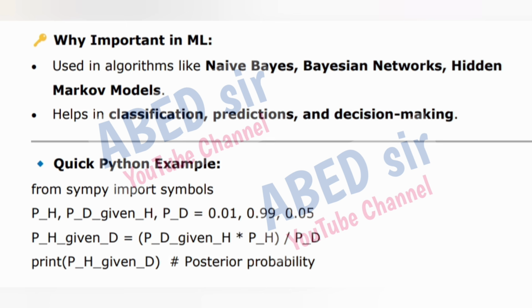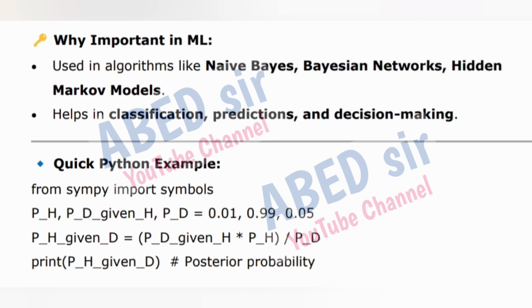Quick Python example. From sympy import symbols. P_H, P_D_given_H, P_D = 0.01, 0.99, 0.05.